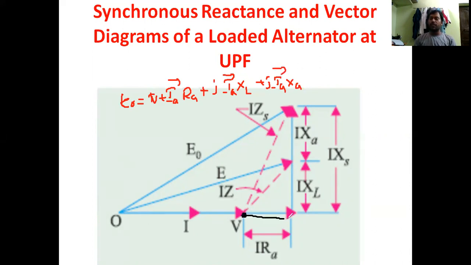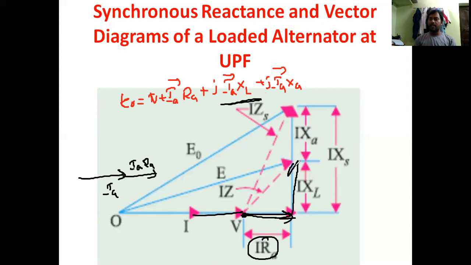This is IA RA, in phase with IA. Whatever the direction of IA, the IA RA drop will definitely be in the same direction. Next is IA XL. Why do we take IA XL before the armature reaction? Because after the flux is produced, how that flux affects the main field flux is called armature reaction.